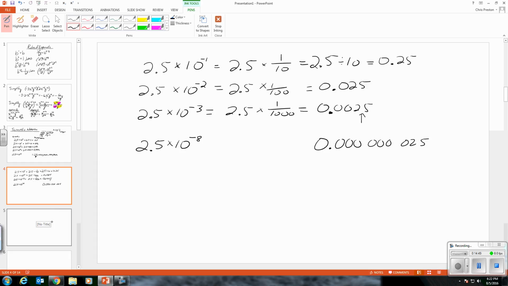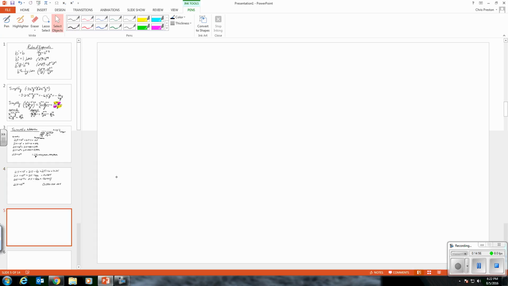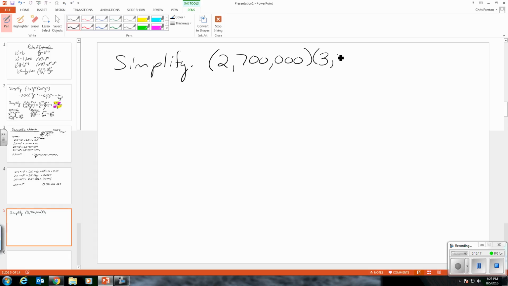Why do we want to do this? Well, as I said, you can represent really big numbers or really small numbers using scientific notation, which makes it easier to do some calculations. Let's say I wanted to simplify this multiplication of 2,700,000 times 3,010,000, and multiply those together.